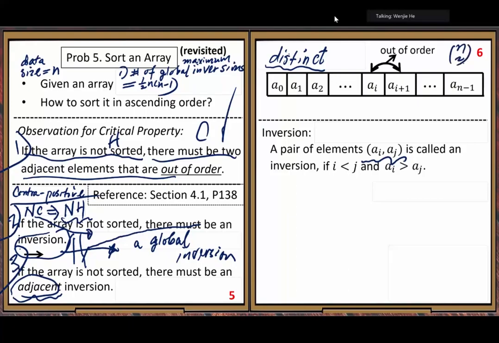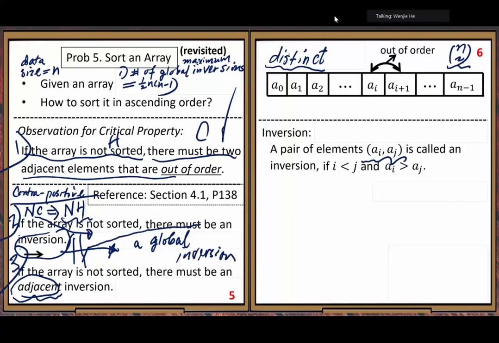That's the number of pairs. The maximum number corresponds to the case where for any pair, in the worst case, you get one inversion. So the maximum number of inversions is the same as the number of pairs.